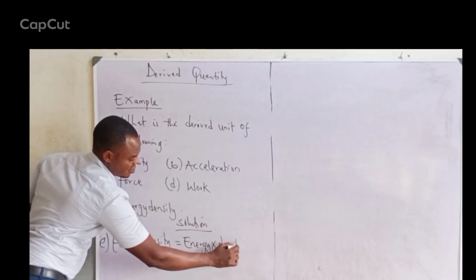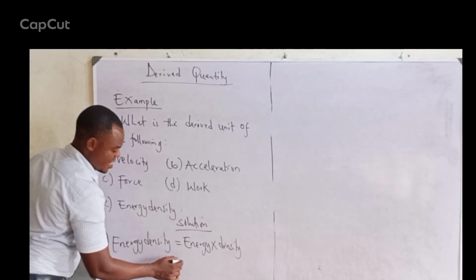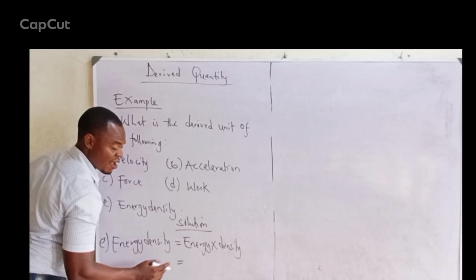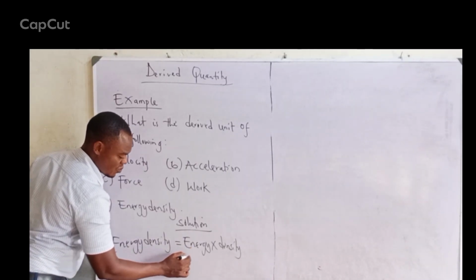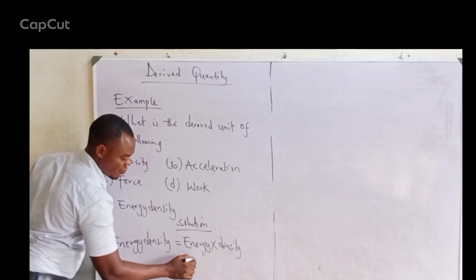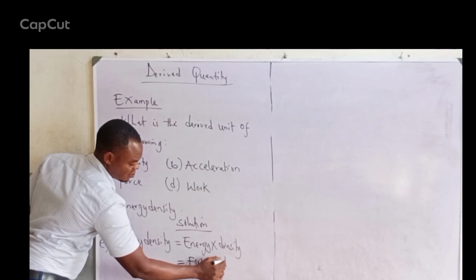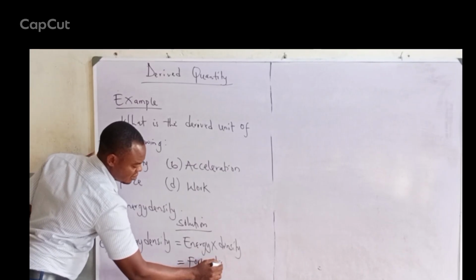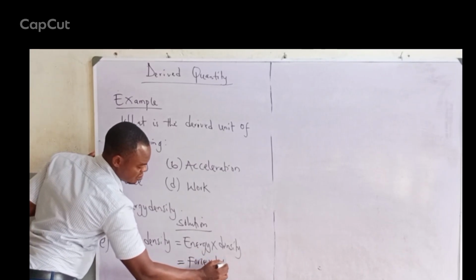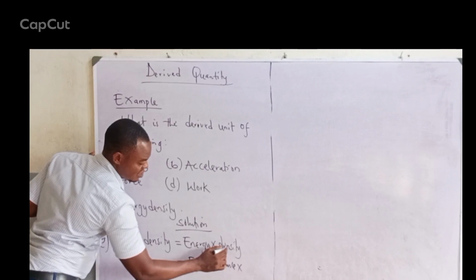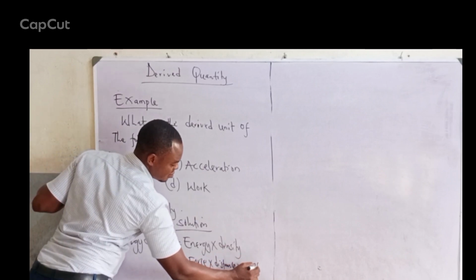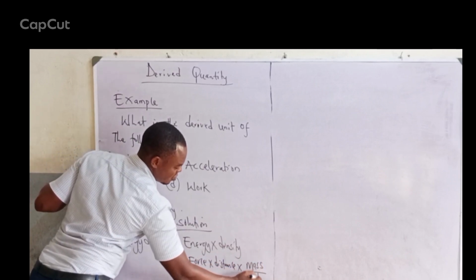So let's start it this way. Now energy and work have the same measurement. So energy is force times distance, force times distance, divided by volume, where density is mass over volume.